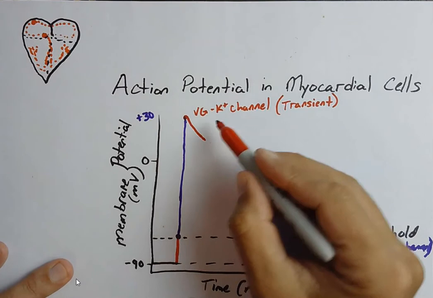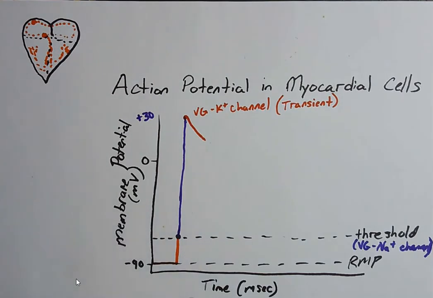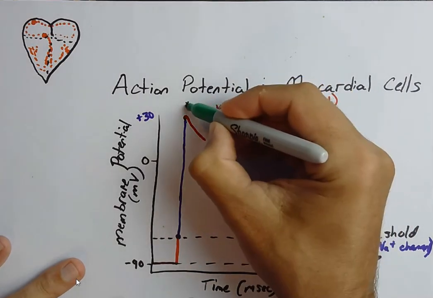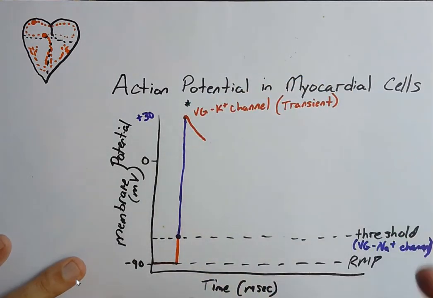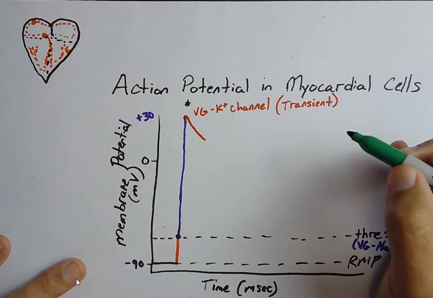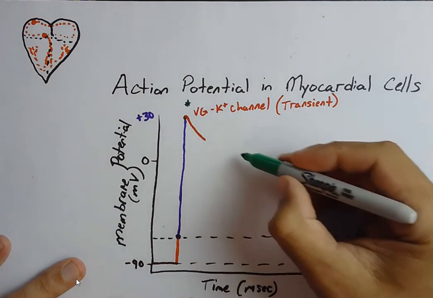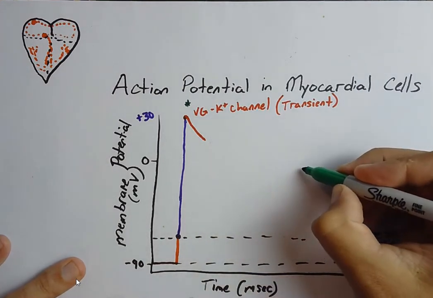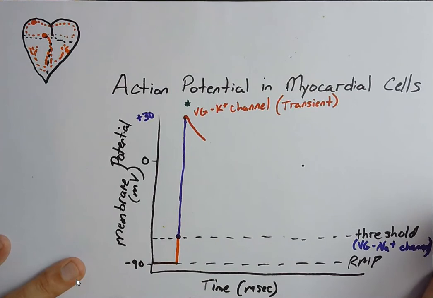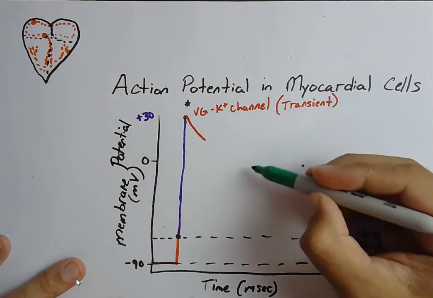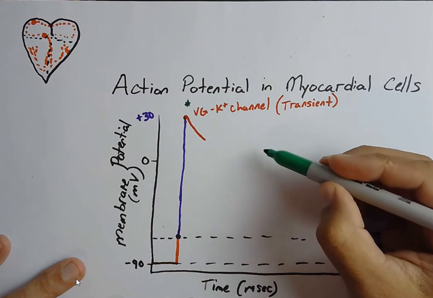At the same time that the voltage-gated potassium channel, the transient one, starts to open, another one starts to open. But the second one that starts to open, even though it's starting to open here, it's actually starting to open at this point. It's a much slower voltage-gated potassium channel. The gate opens much slower, and it's not going to be fully open until way out here. But the entire time that it's starting to open, potassium is going to be rushing through it.